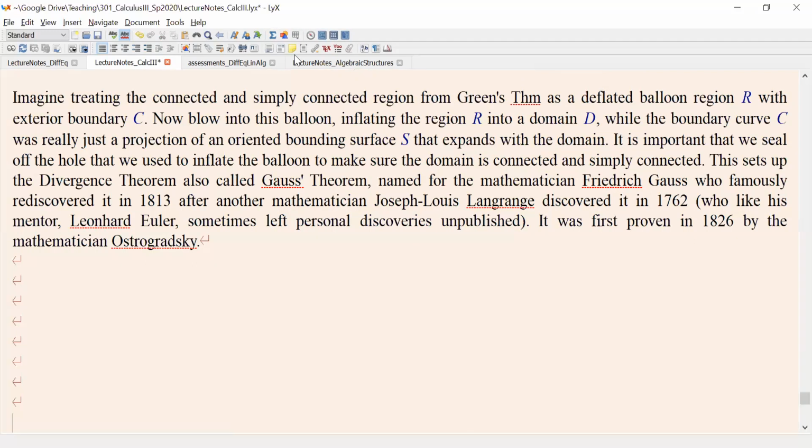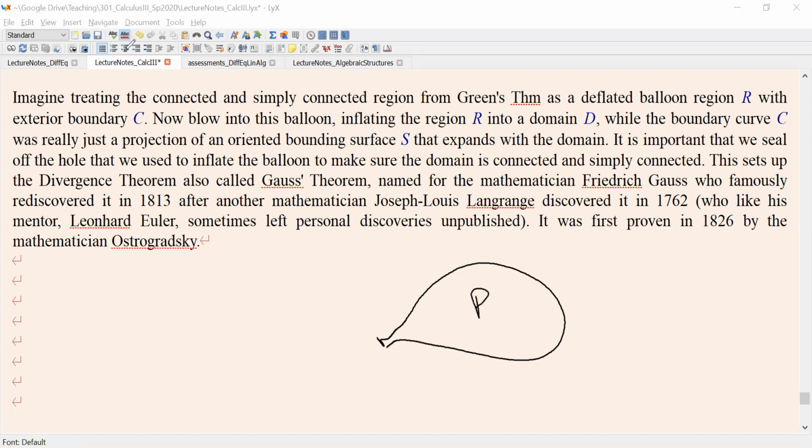So let's imagine that. Here is our region. Here is our curve C surrounding it. Now what we're going to do is blow the balloon, inflate the balloon really, right?